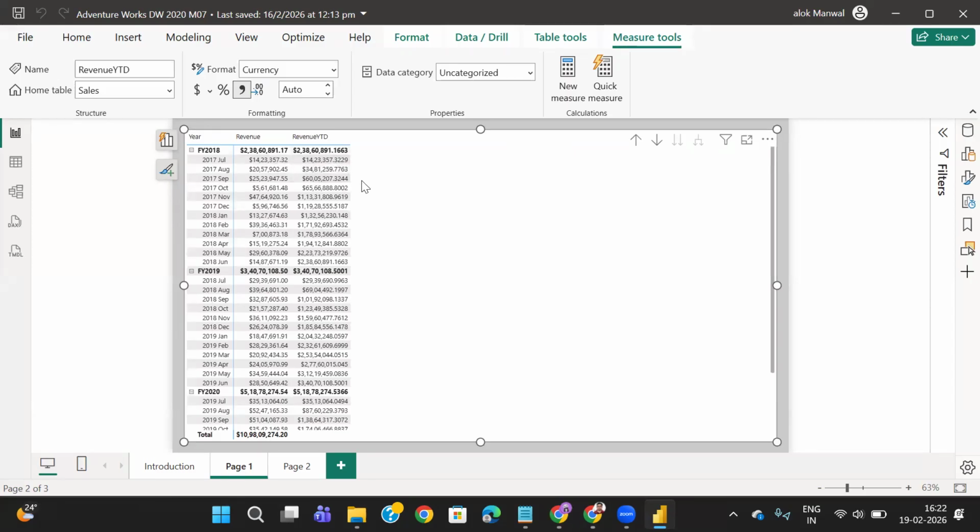So this is why it is called running total. That's why it is used as a summarization time intelligence function.